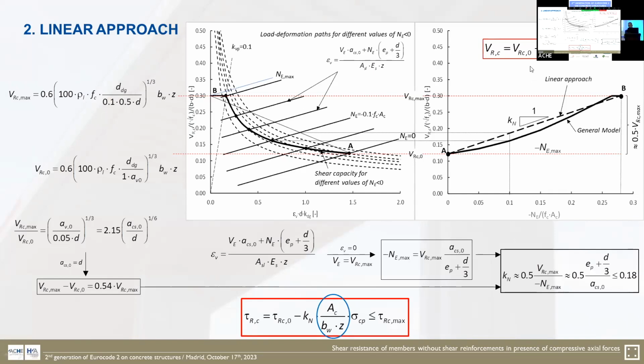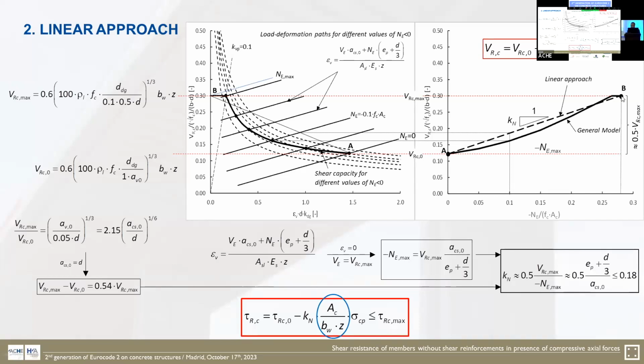In these conditions, the slope of this straight line is the difference between the maximum shear resistance and the shear resistance without considering axial force divided by the maximum axial load.